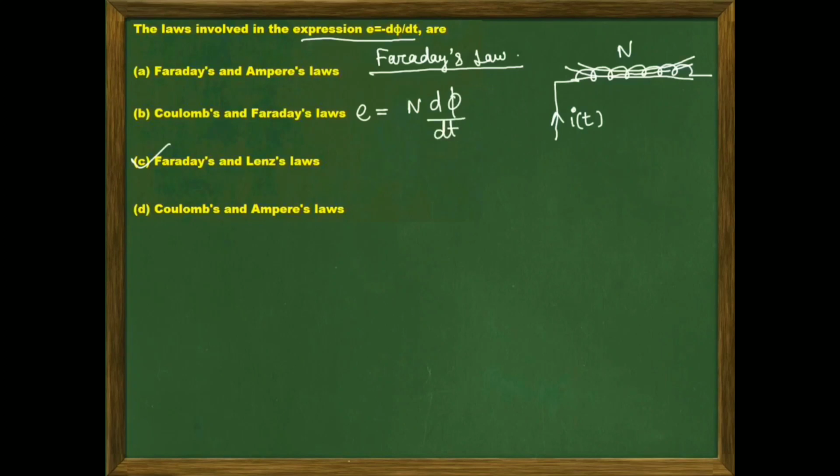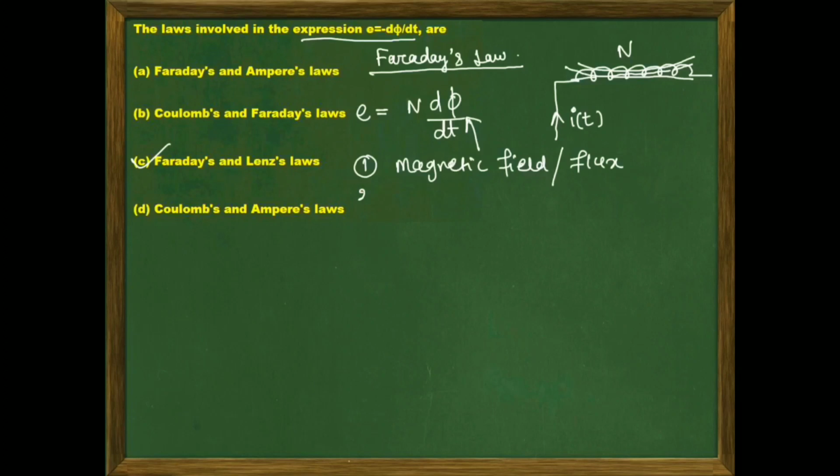Please remember one thing, that here phi must be varying, else if the flux is constant, then the differentiation with respect to time is 0, so the EMF is 0, so there is no EMF. So in order to produce EMF, we require three things. First one is your magnetic field or flux.